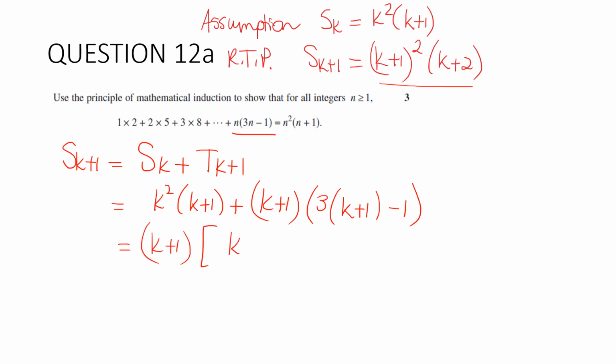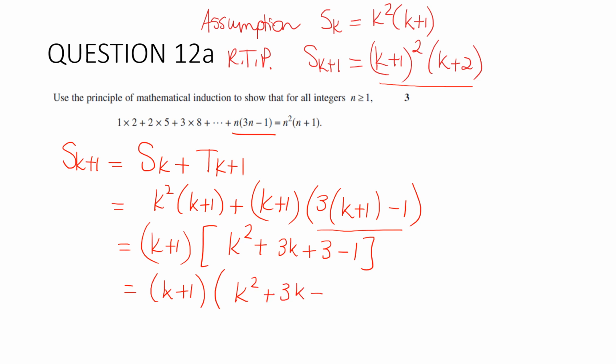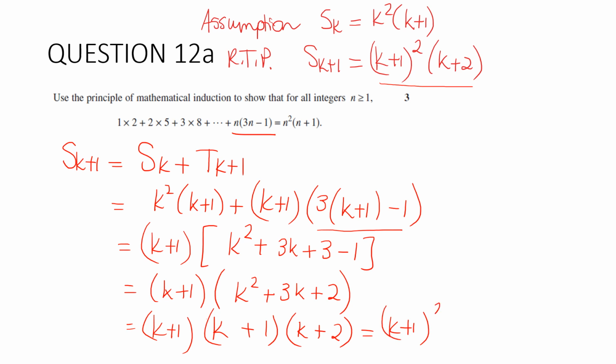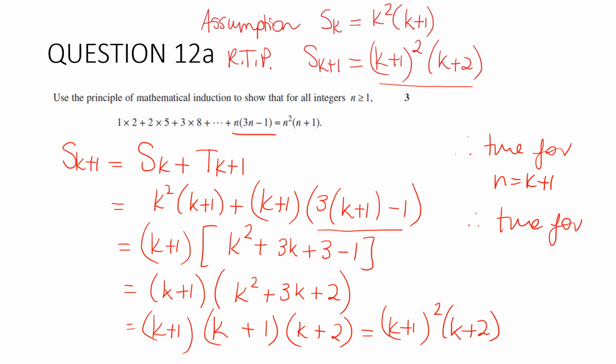Let's see what I get. k squared plus, I'm in here, 3k plus 3 minus 1 is equal to k plus 1, k squared plus 3k plus 2, which is equal to k plus 1. And factorising here, we get k plus 1 squared, k plus 2 as required. Therefore, true for n equals k plus 1, and by the principle of mathematical induction, true for all n.